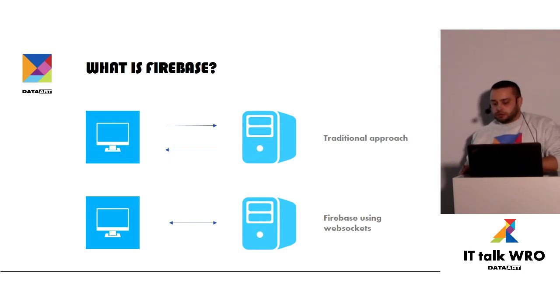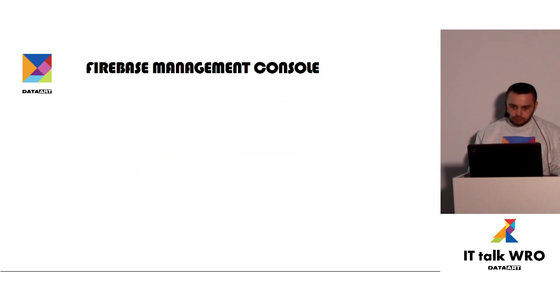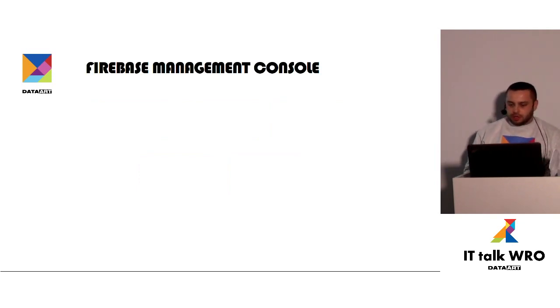It's automatically from the server, it goes to all the clients connected to this website, to this application. And there's integrated authentication, which I will highlight a little bit later. So, the Firebase Management Console. I showed you a little bit of it.